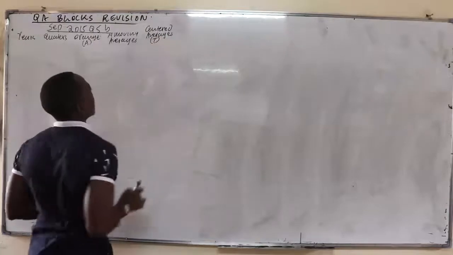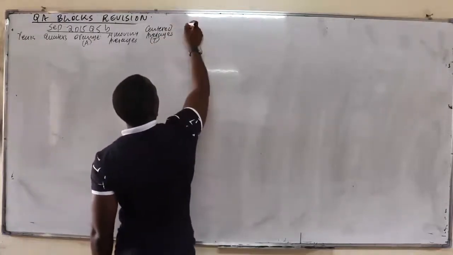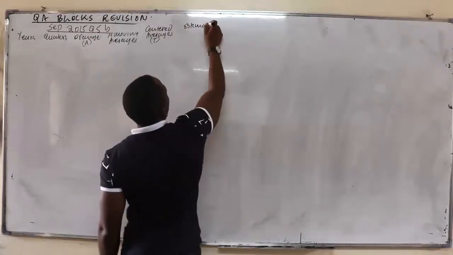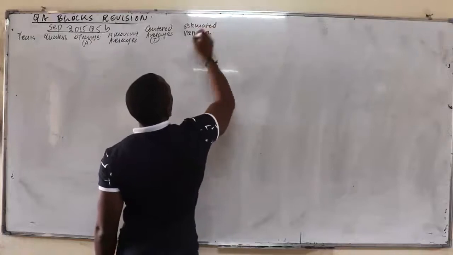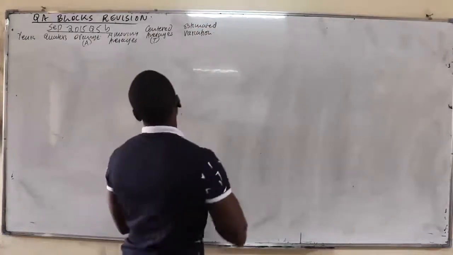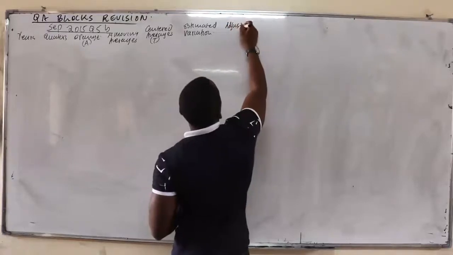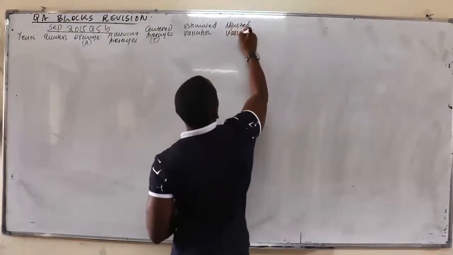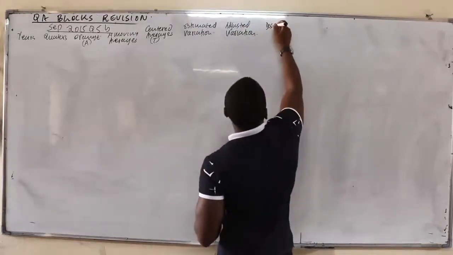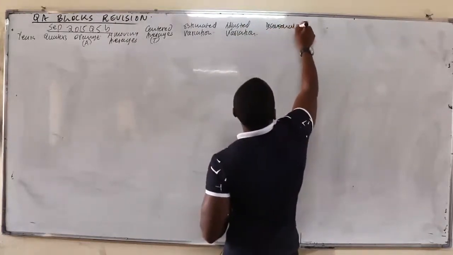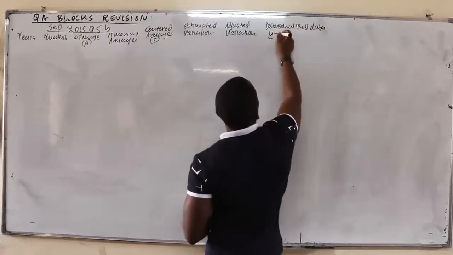That's what you call T. Then, once you get the centered average, you get what we call the estimated variations, or the estimated indices. From there, you adjust them. You get the adjusted variation, and then you get your deseasonalized data, which is denoted by Y.